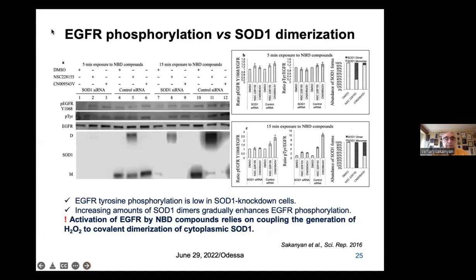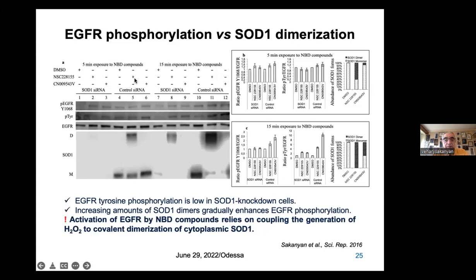We tested also the action of these molecules by inactivation of SOD1 using an RNA inactivation system for SOD1. We performed it in knockdown cells, and we can see an interesting situation here. In knockdown cells, practically no action, since SOD1 is inactivated, whereas in the control system, after 5 minutes or even 15 minutes, we again observe the appearance of dimerization forms by the action of these compounds.